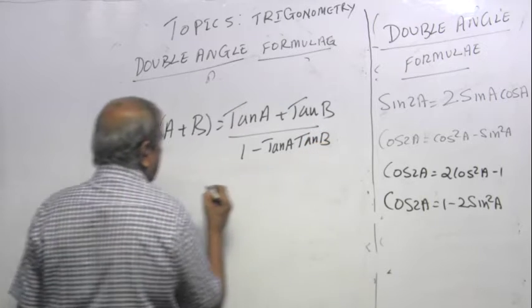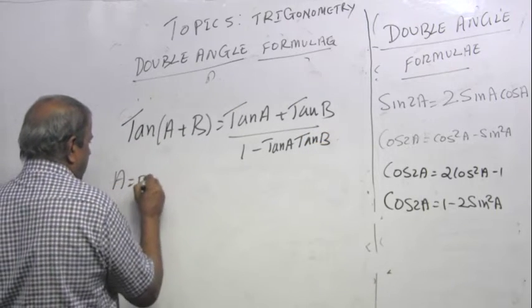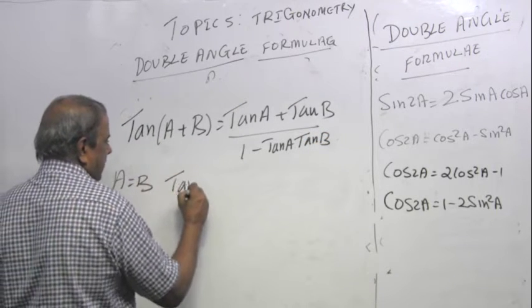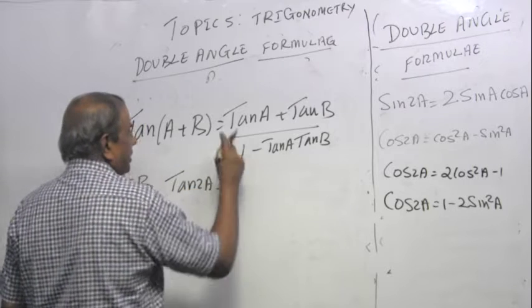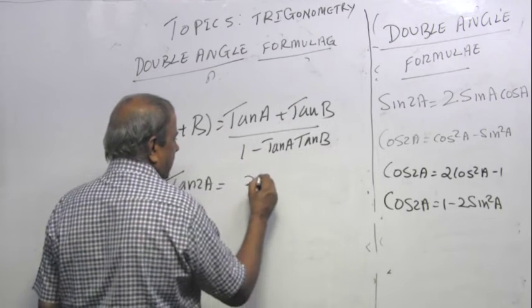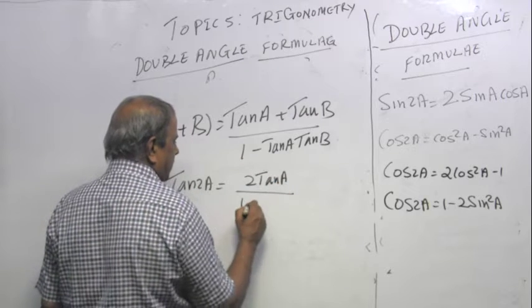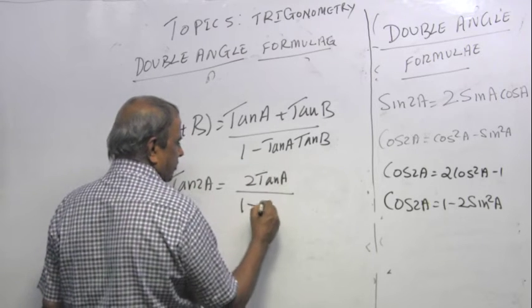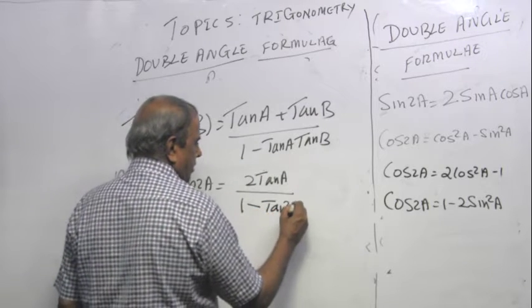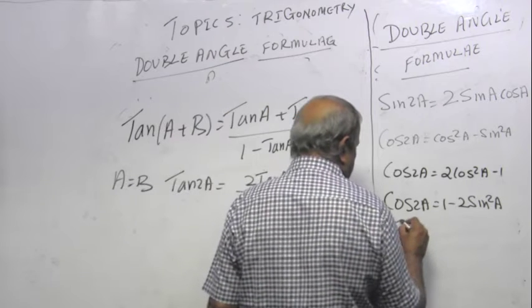What happens when you put a as b? I get tan 2a equal to tan a plus tan a, which is 2 tan a, over 1 minus tan a times tan a, which is tan squared. So that is the formula for tan 2a.